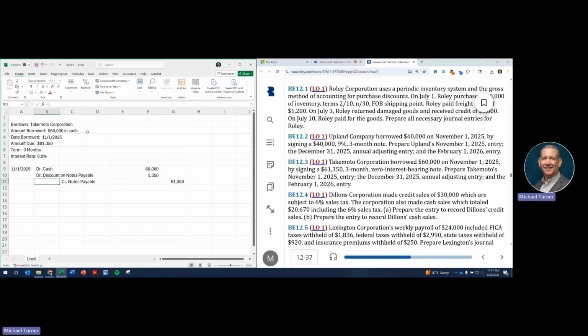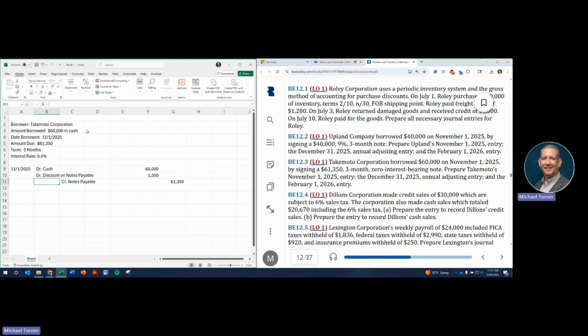So if we stop on November 1st, 2025 at the end of the day, and Takamoto examines their financial statements, they see that they've gotten cash of $60,000. However, they owe $61,350 when the note matures in 90 days, in 3 months. That difference represents the discount that will be amortized to interest expense over the term of the loan.